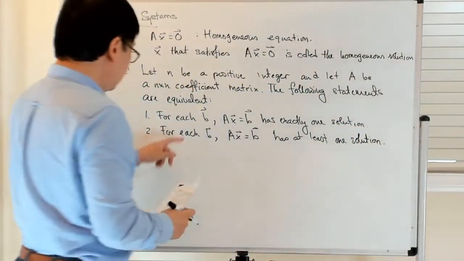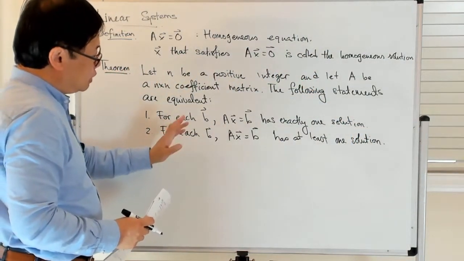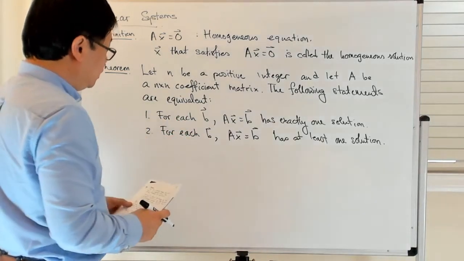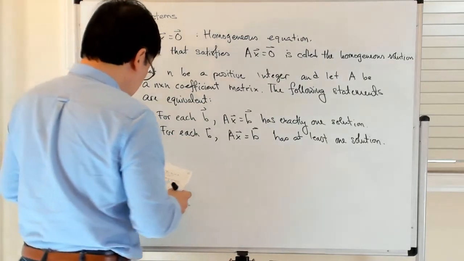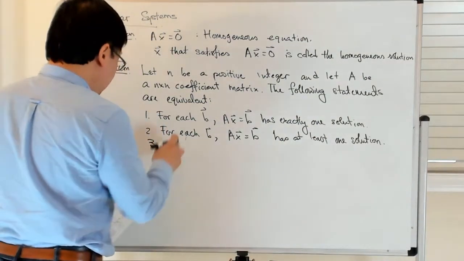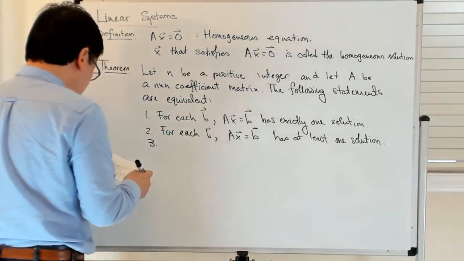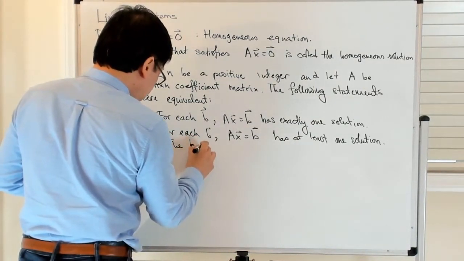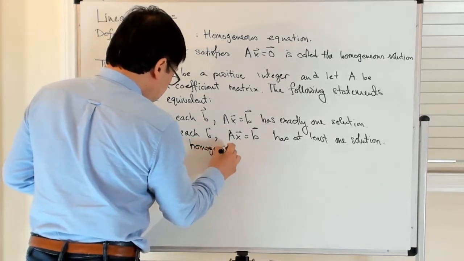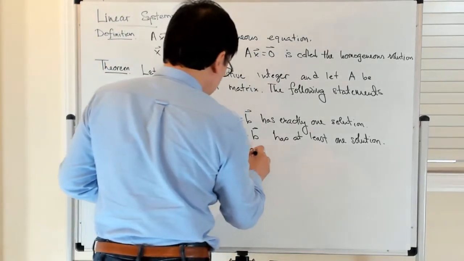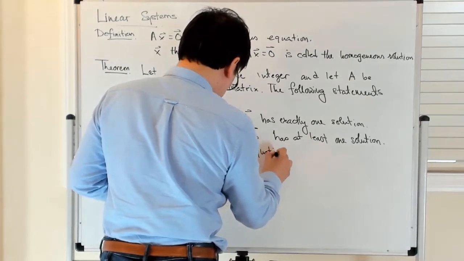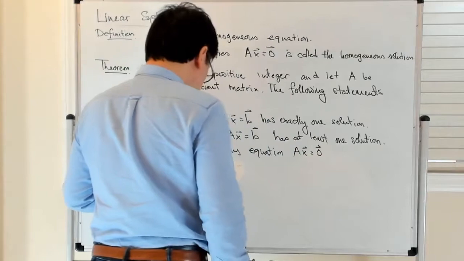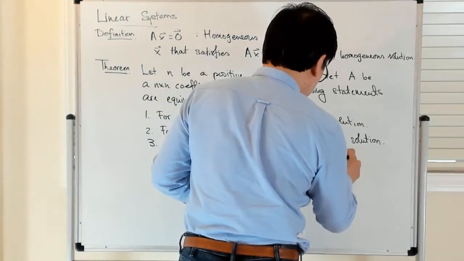You might think these look quite similar. Anyway, these two conditions are equivalent to the following: the homogeneous equation Ax equals to 0 has only the trivial solution.